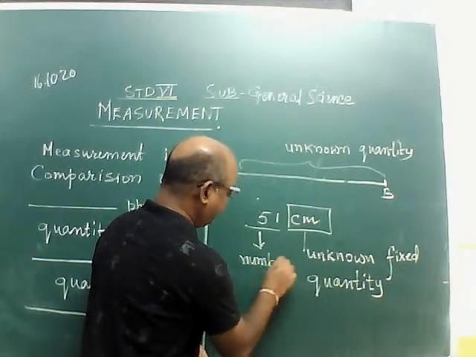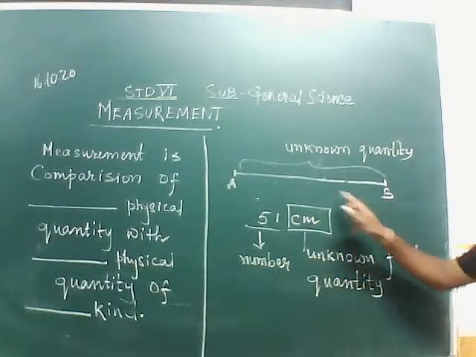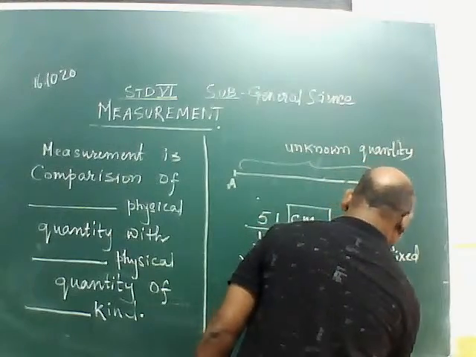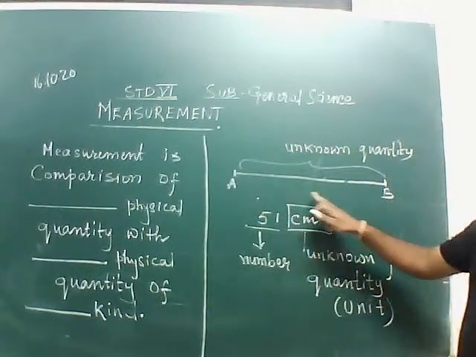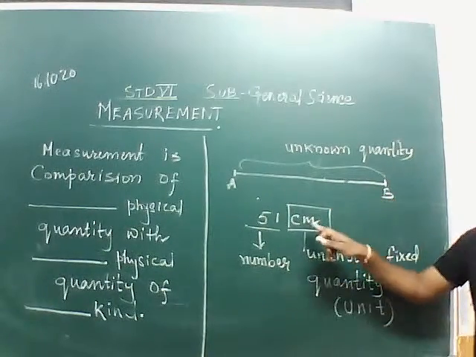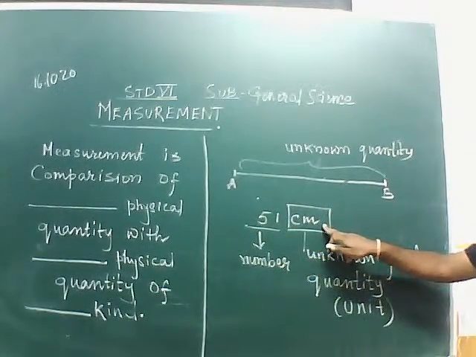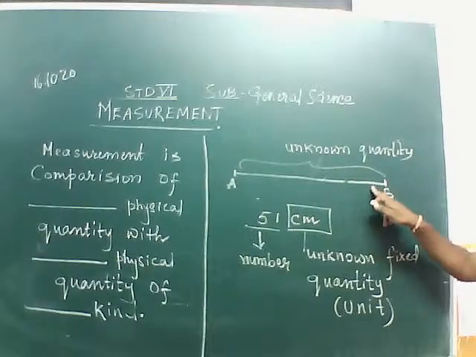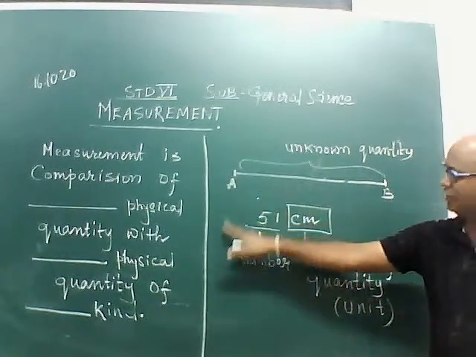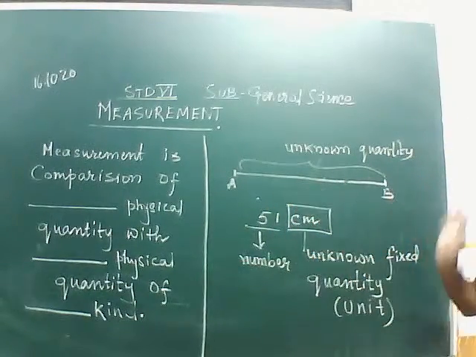So any measurement of a physical quantity consists of two parts, number and known fixed quantity that we call a unit. Number and unit. We are comparing this unknown physical quantity, that is length, with 1 centimeter. We got the result. It is 51 times 1 centimeter. Okay. So 1 centimeter is repeated 51 times here. This is how we are measuring any physical quantity. So this is for length.